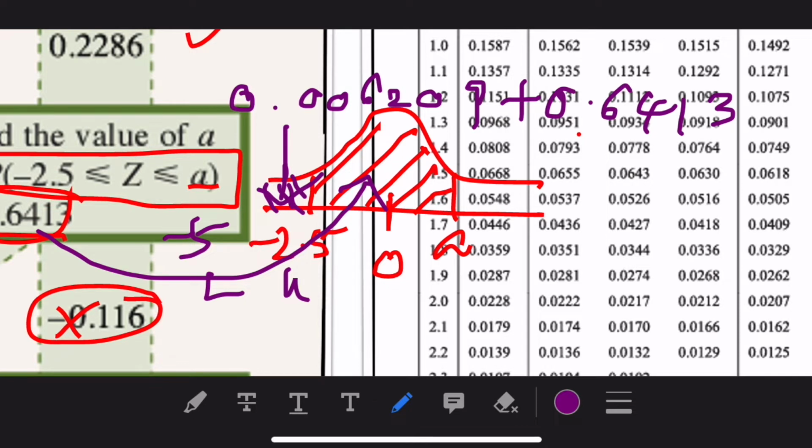Now you go to shift 9 and initialize your calculator again, then you go to bell shape 7, but you go to 3. When you want to find back the z-score, you always use inverse. The area now, you key in 0.0062009, plus 0.6413. That is the total area shaded to the left.